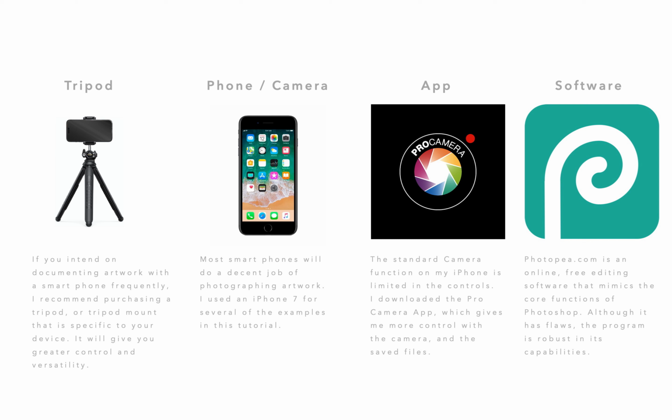If you are really going to use this as your primary mode of documentation, I do recommend getting a small little tripod that's specific for your mobile device, just so that you have more versatility. You can at least put a timer on your camera, so that if you need to reduce glare, you have the means to do so.